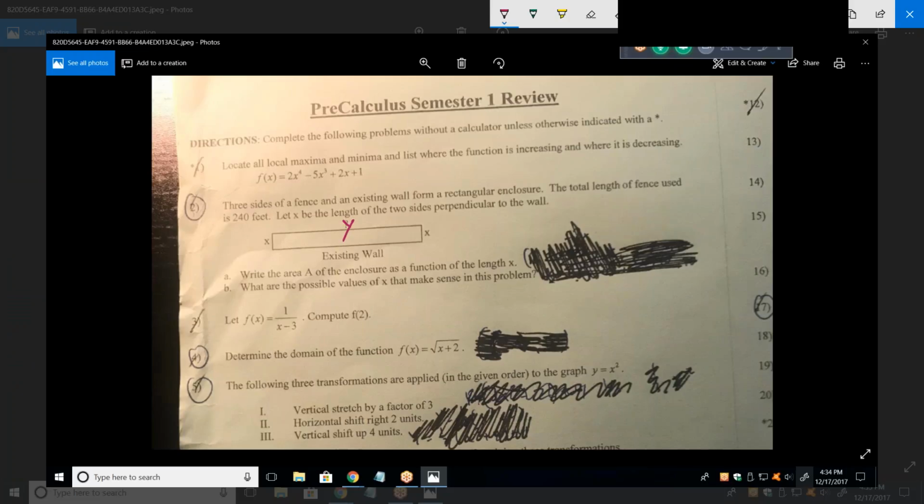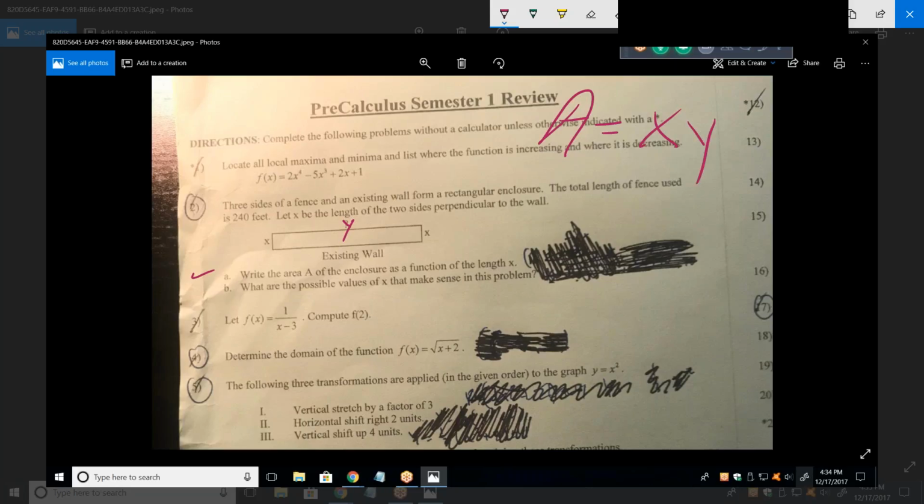Okay. Now, the total length of fence used, well, first of all, they say write the area as a function of x. Well, right now, what is the area equal? Just x times y. Okay. They want it as a function of x only.